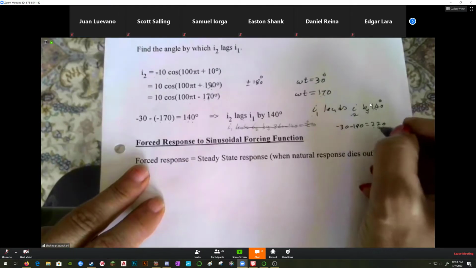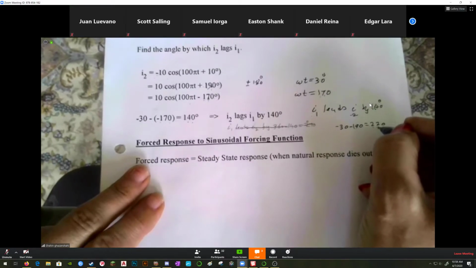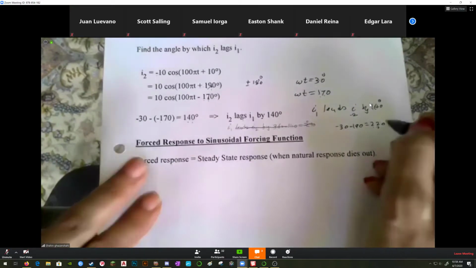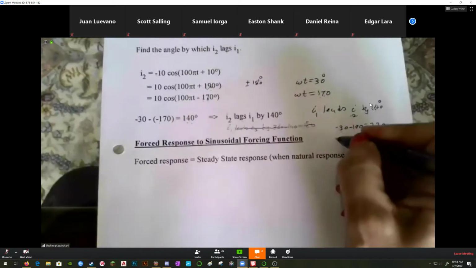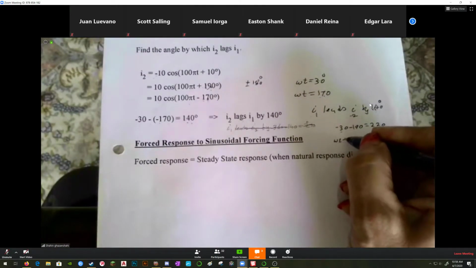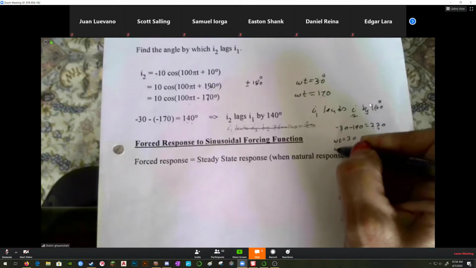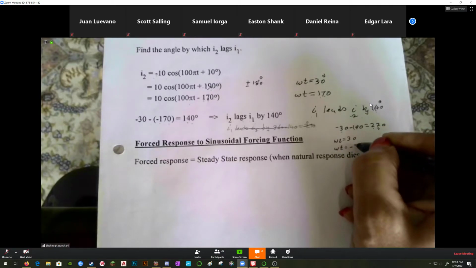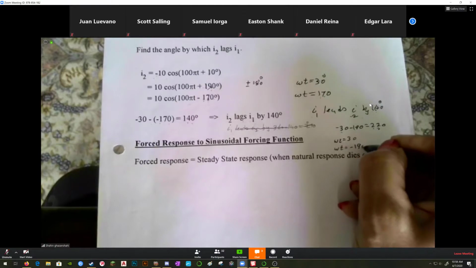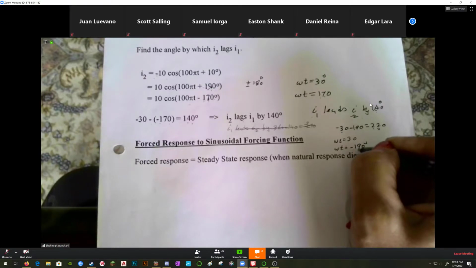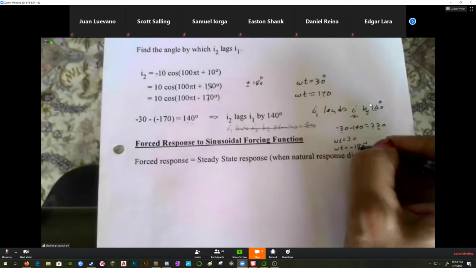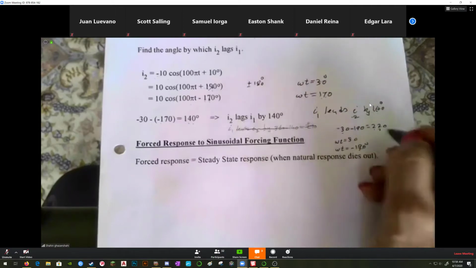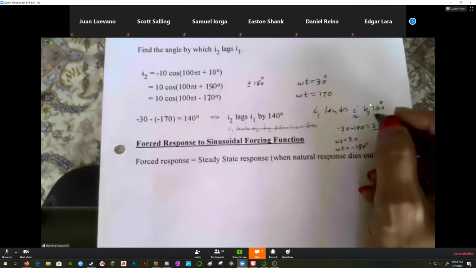You can use that one too, but this time, this one happens at omega t equals 30 for I1, and for the other one it is minus 190. So this time you say I1 lags I2 by 190. So you can do either this or this, it doesn't matter.